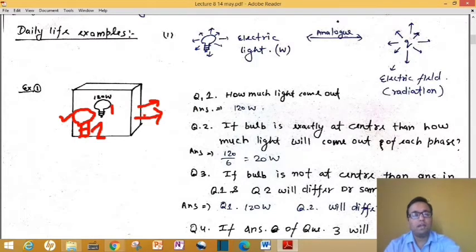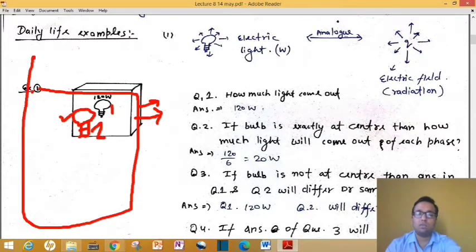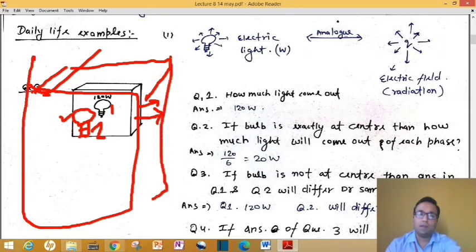For that we have to make another symmetric surface. Symmetric surface means we have to make an imaginary surface, an imaginary cube, and in that cube we have to place the bulb at the center.